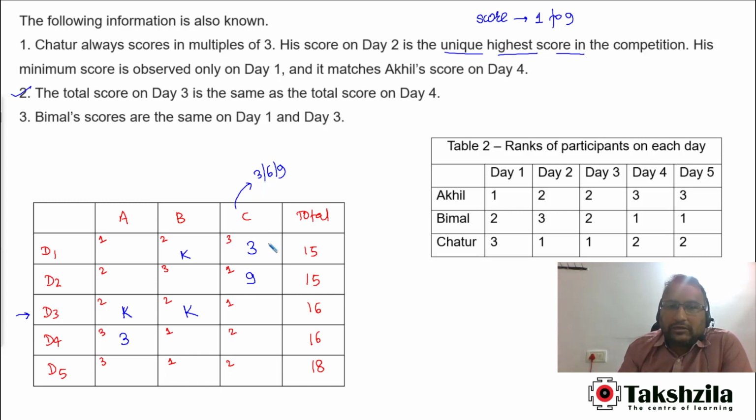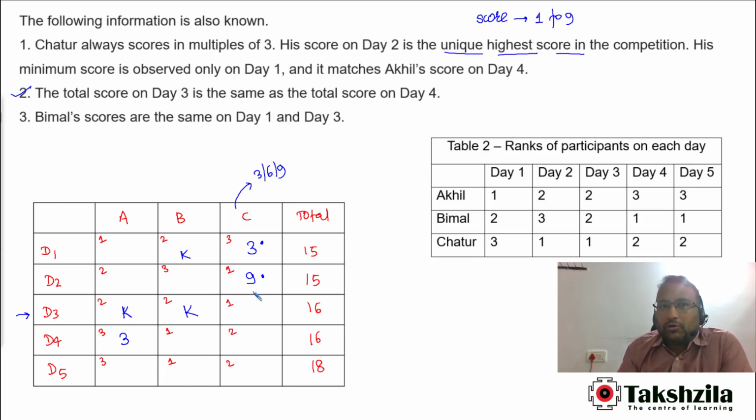After that, over here this 3 is a unique number. Let's read the first statement again. Chatur, his score on day 2 is the unique highest score in the competition. It means this 9 should not get repeated anywhere in this table.